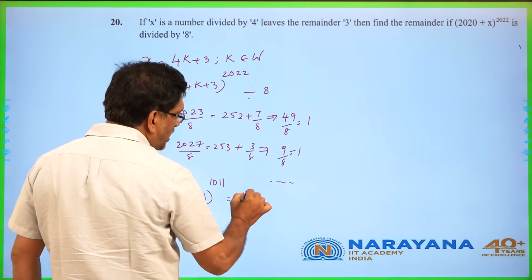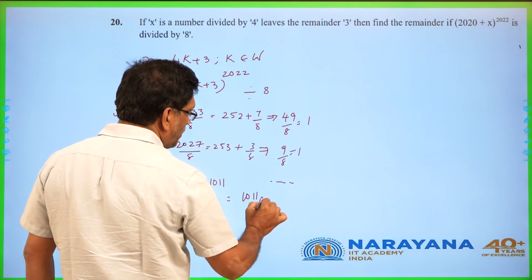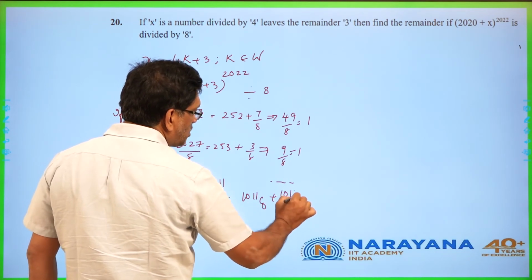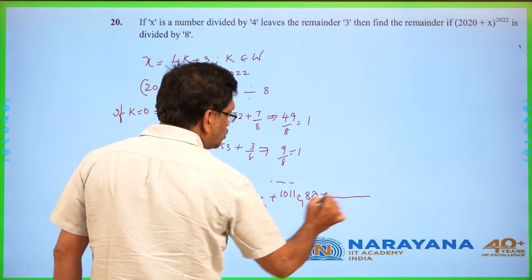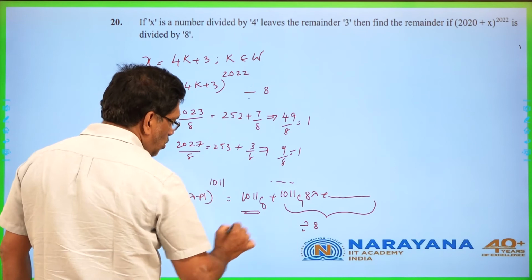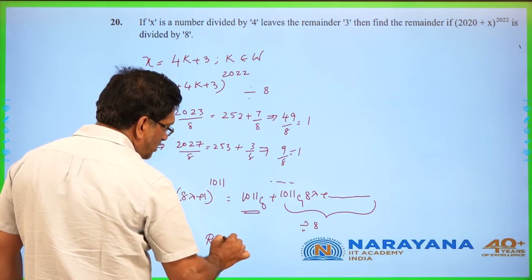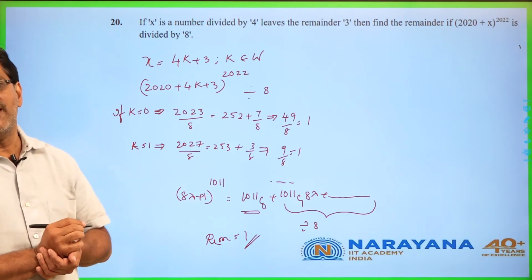You can write it as 1011 C0 plus 1011 C1 8 lambda, and so on. All these are divisible by 8, so your remainder is equal to 1. The remainder is only 1.